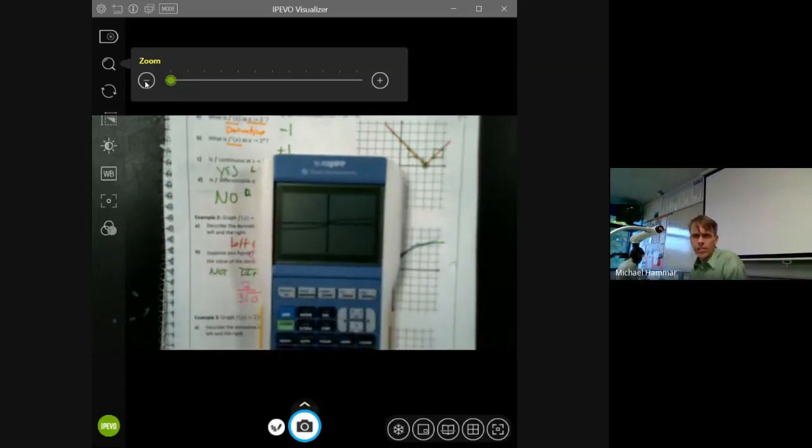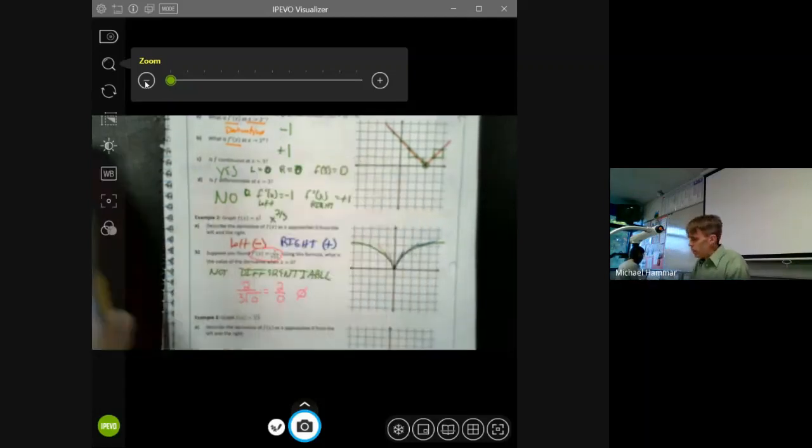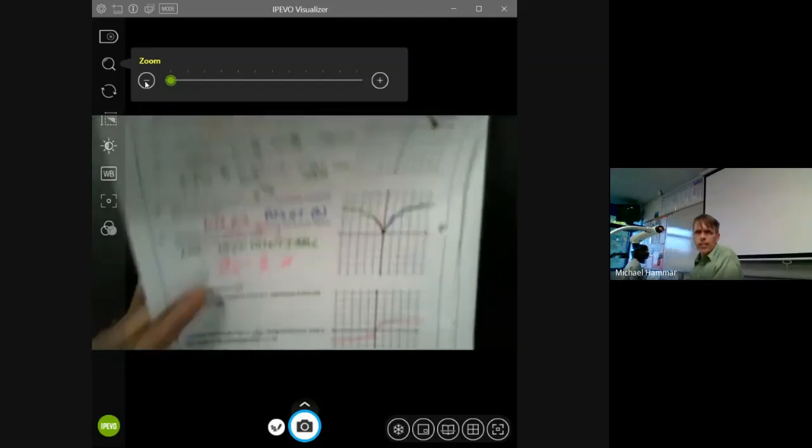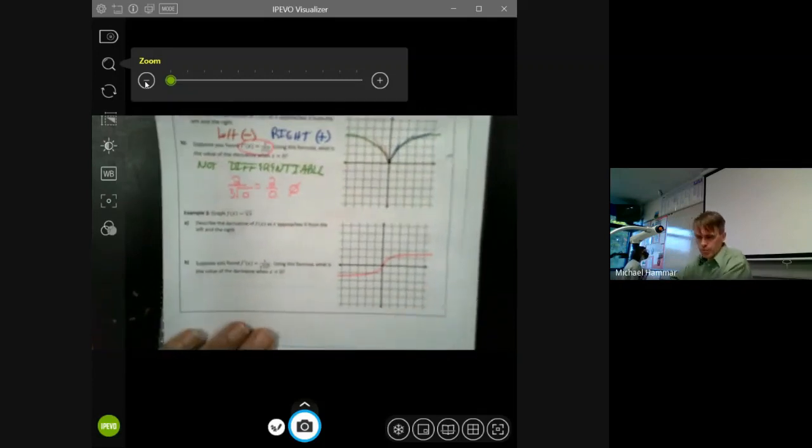And there is our graph in the standard window. So it goes like this. It gets really close, then it goes up, and then it goes something like that. So this is the cube root function.